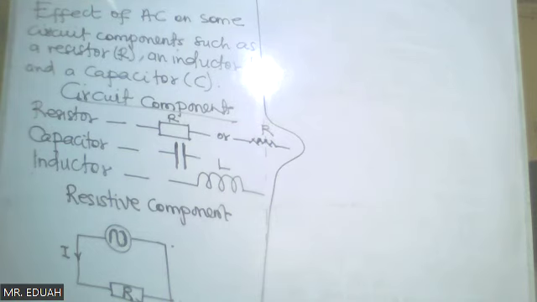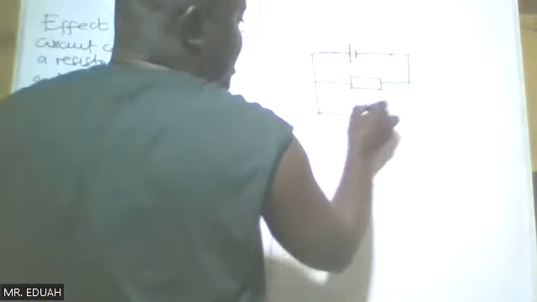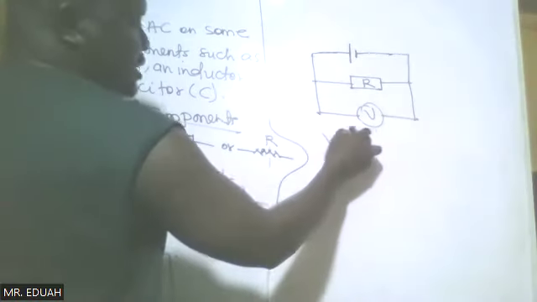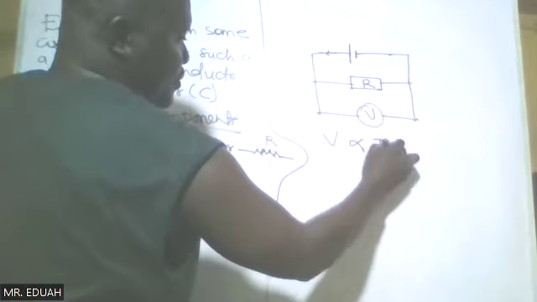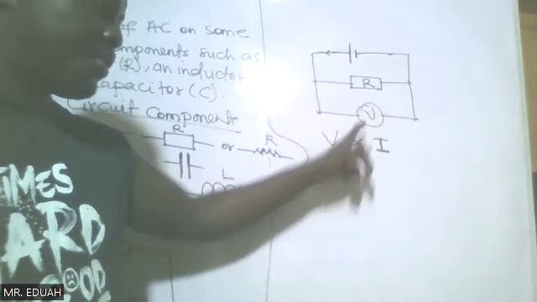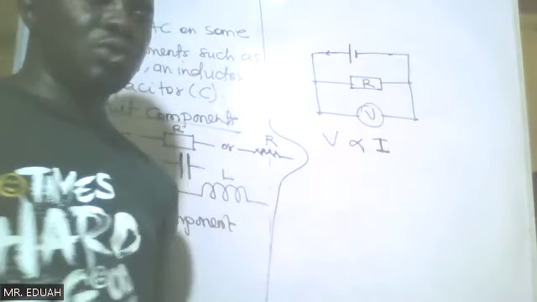Now, from Ohm's law, we saw that whenever you connect a battery to a resistor, and then you connect a voltmeter across the resistor, the voltage across the resistor is directly proportional to the current flow, meaning an increase in the voltage drop is directly proportional to the current flow within the circuit. As the voltage increases, current would also increase.